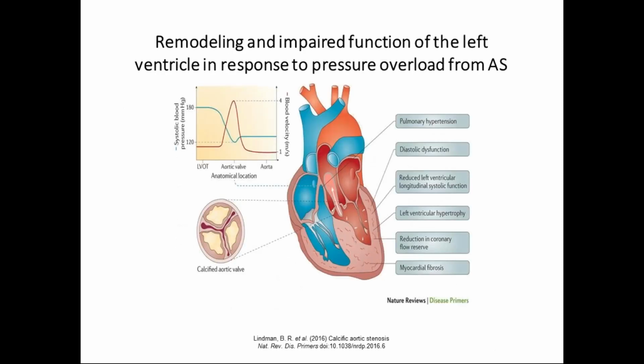So why is that so? It is related to the fact that, owing to the presence of a stenotic process at the level of the aortic valve, there is a pressure overload in the left ventricle cavity. So the heart responds to this with a hypertrophic response.